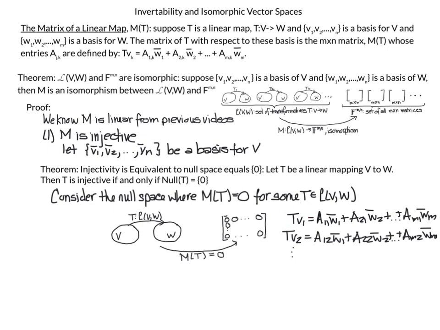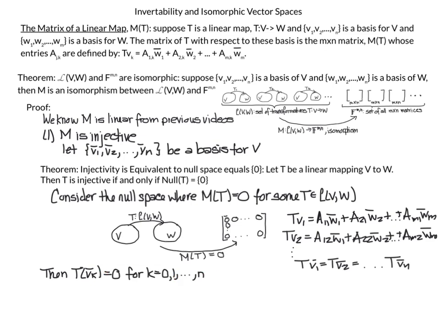Well, T of V1 is equal to A sub 1,1 W1, and A sub 1,1 is 0. In fact, all of these entries are 0, which means T of V for every basis vector is equal to 0. So I'll write here that T of Vk for our basis vectors equals 0, for k equals 1 all the way to n.